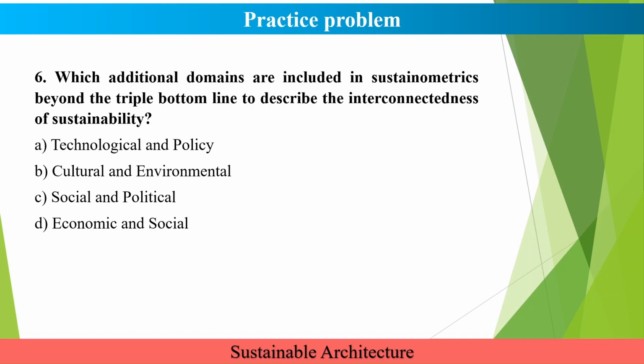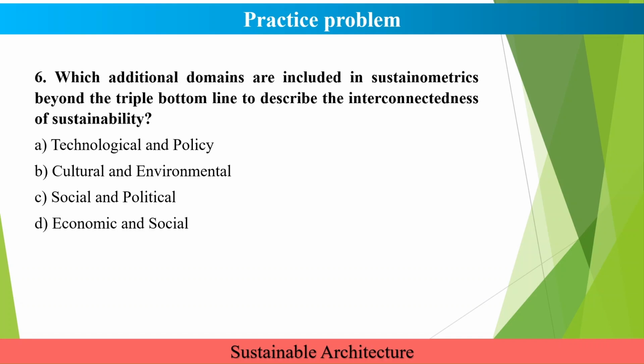Option, which option? A. Yeah, A. Technology policy. Yeah, option A is the right answer for this question, because the sustainometric includes five domains to describe sustainability. The three domains that we have discussed, or we have seen in the previous slide or previous question.